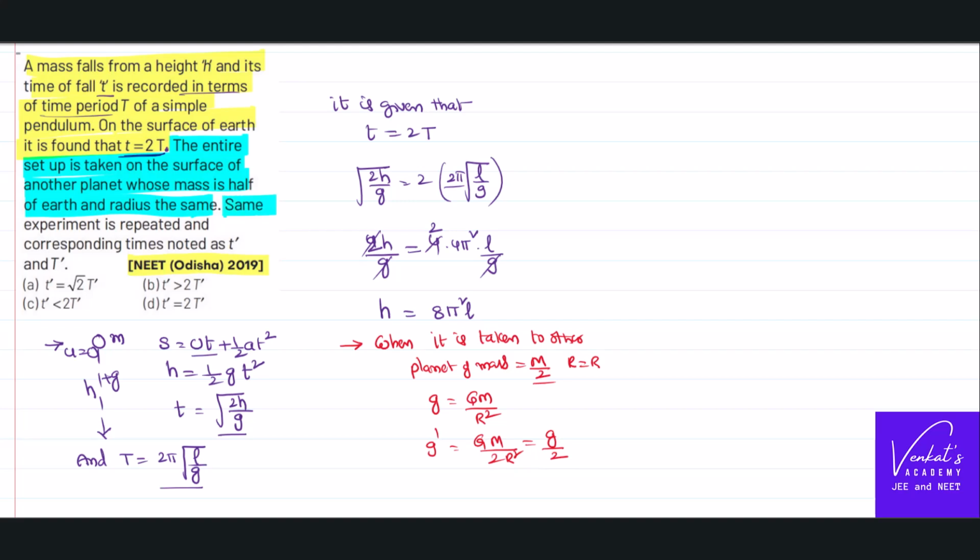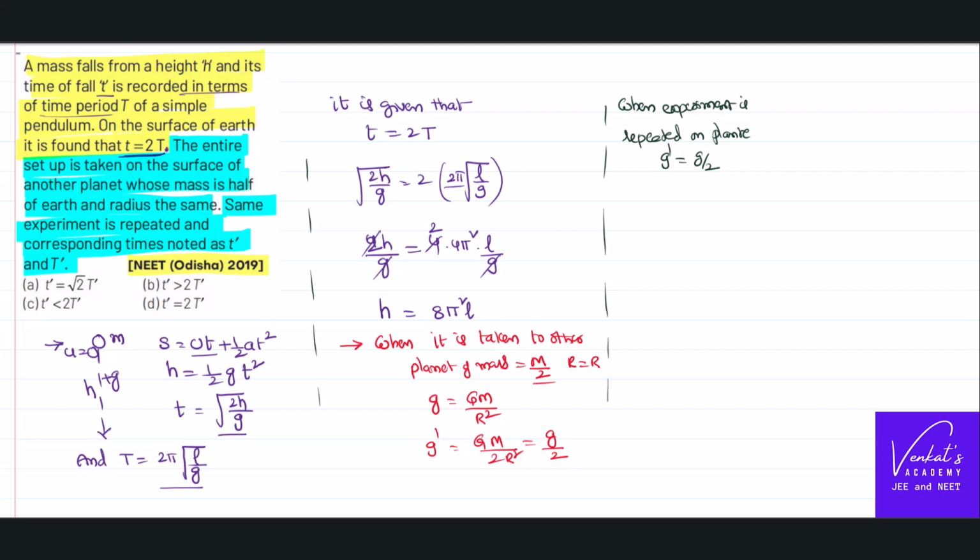The same experiment is repeated and the corresponding times are noted as t dash and capital T dash. What it means is, when the experiment is repeated on the other planet, I have to take g dash equal to g by 2.